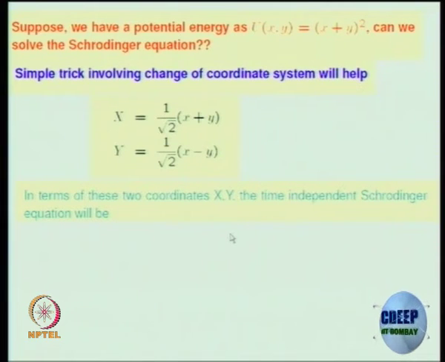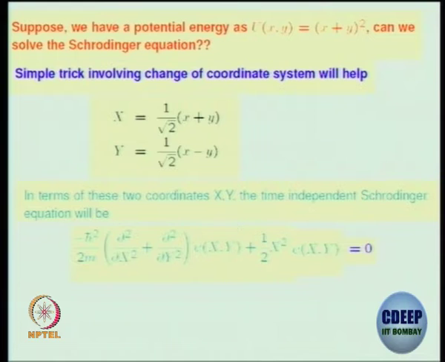So in terms of capital X, capital Y, this will be your Schrodinger equation, with the potential having a half x square. You can still treat it as a one-dimensional problem, but since the motion is in 2 dimensions, it behaves like a free particle in the other direction, so you have to keep track of that.